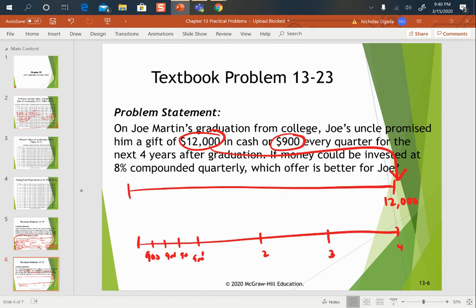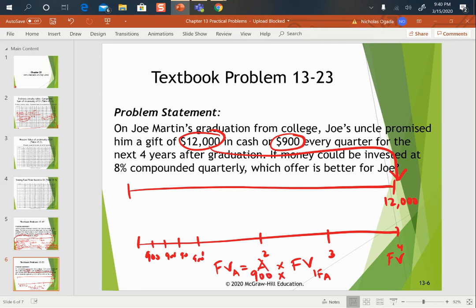And we need to determine, of course, the future value of the annuity payments, which in this case is the $900. So to determine the future value, we'll take the annuity payments times the future value interest factor of an ordinary annuity. In this example, we know the annuity is 900.